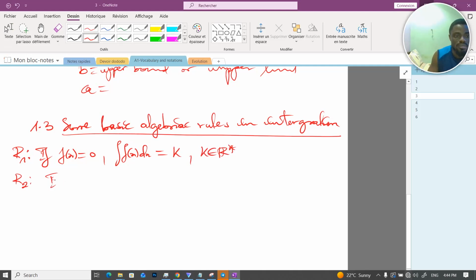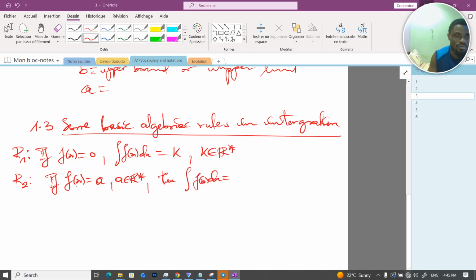The next rule states that if f of x is equal to a, where a belongs to the set of real numbers different from 0, then the integral of f of x dx will be equal to what?